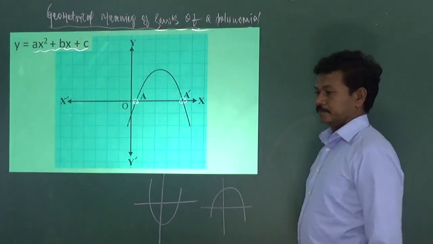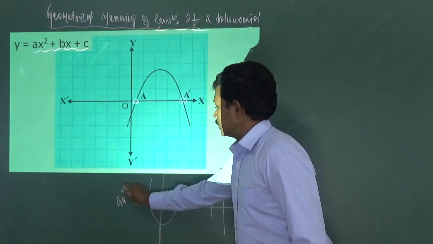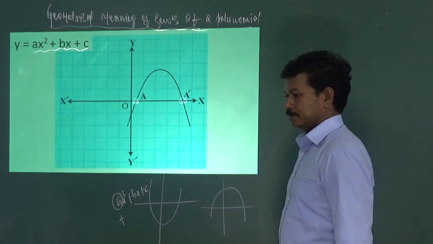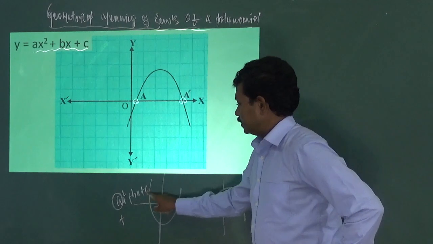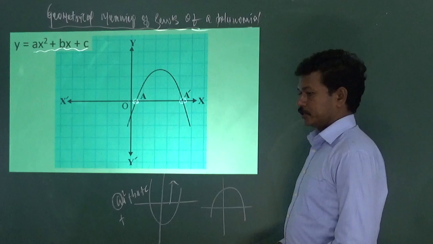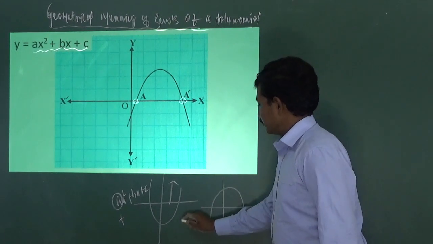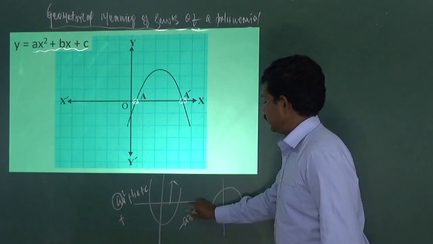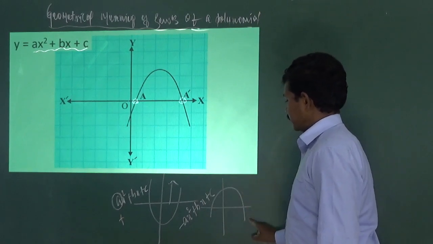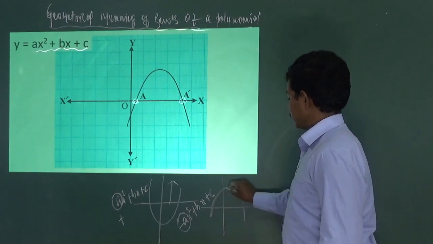Why? What is the reason? In ax square plus bx plus c, if a is positive, then the parabolic curve will be in the upward direction. In this parabolic curve, the quadratic polynomial will be minus ax square plus bx plus c. So if a is negative, the parabolic curve will be reversed.